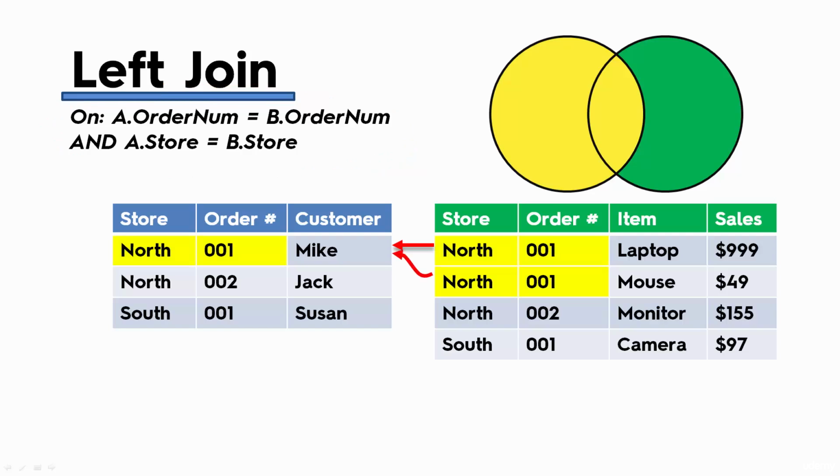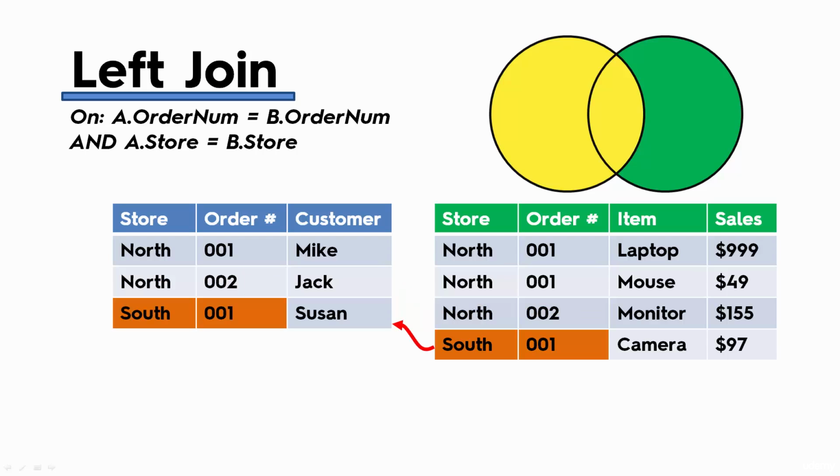Here we've got the North order number 1 being matched to 2 rows in the second table: North order number 1, which is the laptop, and North order number 1, which is the mouse. And that's correct. Next, order number 2 from the Northern store is matched to only 1 row in the second table, which is the monitor for the Northern order number 2, which is also correct.